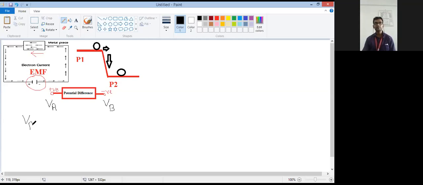Then in that case, the potential difference is given by VAB, where VAB is given by VA minus VB. And potential difference is always calculated in terms of volts. So remember this. Okay. So this is nothing but the potential difference.